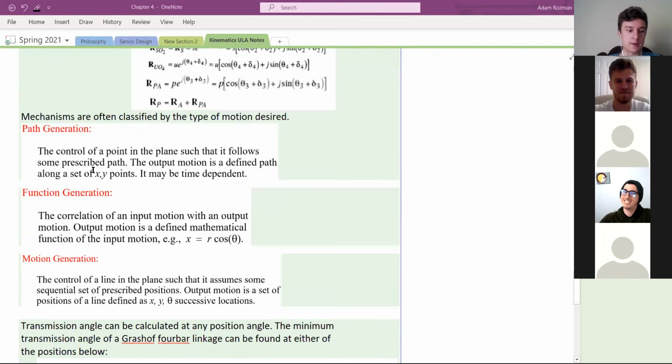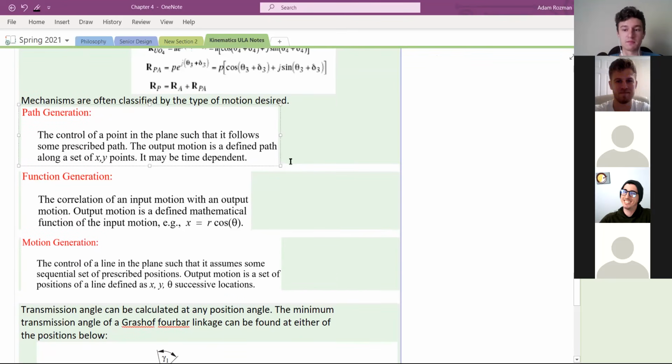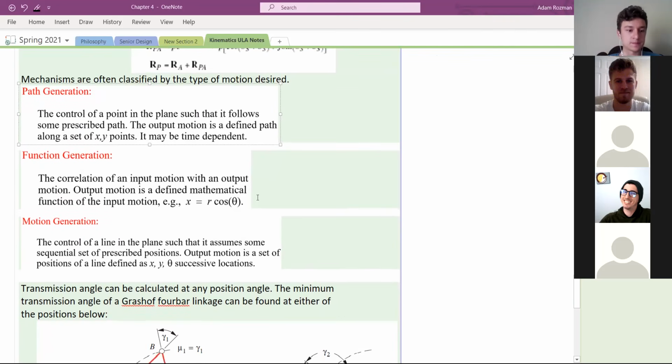We talked a little bit about path function and motion generation. They're kind of just conceptual things. Path generation is just the point. So like we were talking about the very simple crank rocker, you just care about the point from rocker position 1 to rocker position 2. The function is just the relationship between your input motion and your output motion.